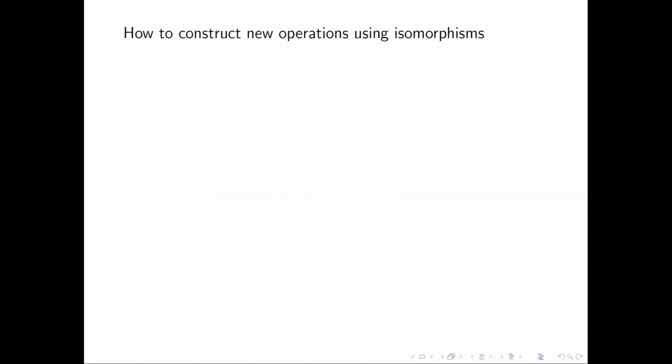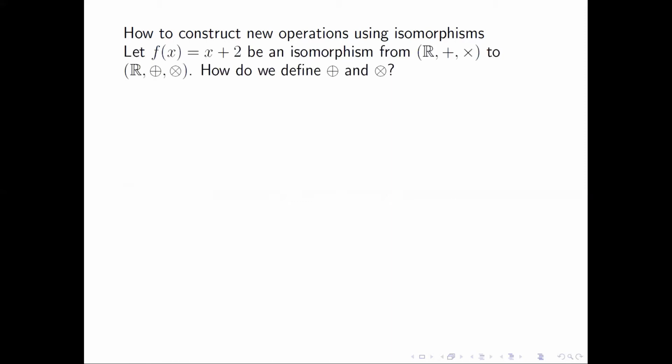Now, we go to the last topic, how to construct new operations using isomorphisms. This time, I assume f of x equals x plus 2 is an isomorphism from the regular plus and multiplication to circled plus and circled multiplication.